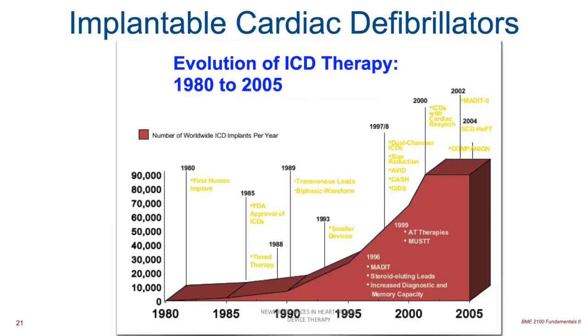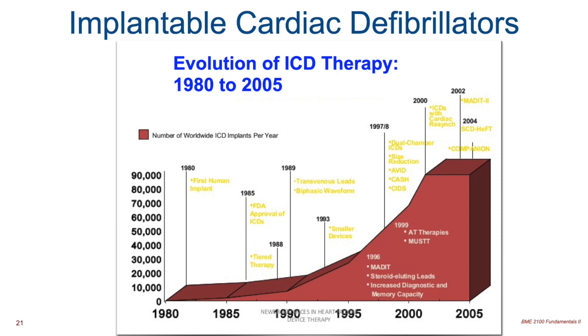What impact did this study have on the use of these devices in patients? And the impact was enormous, of this study and other studies with it. What you see here is the number of implantable worldwide ICDs per year as a function of time from 1980 to 2005. Now you remember that study was in 2002.